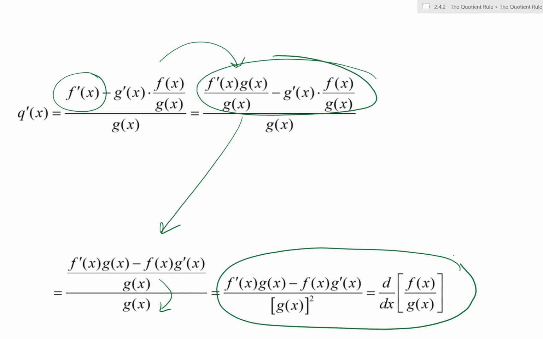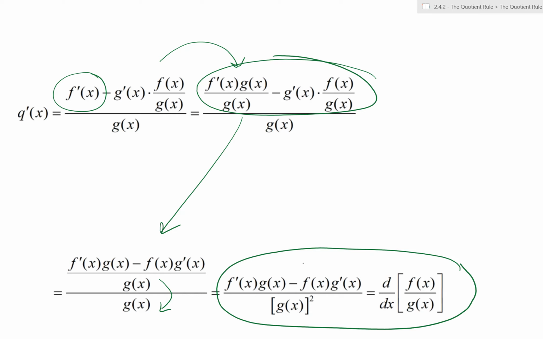We get that the derivative of the quotient of two differentiable functions, f of x over g of x, where g of x is non-zero, is this formula that we see right here: f prime of x times g of x minus f of x times g prime, all divided by g of x squared. And you notice the pattern here, right?